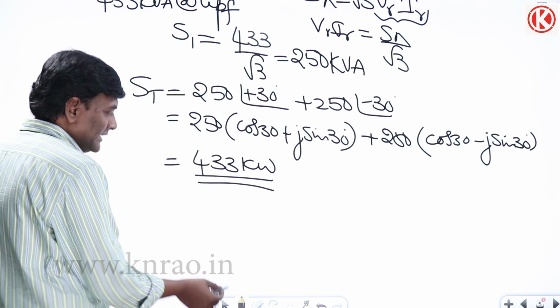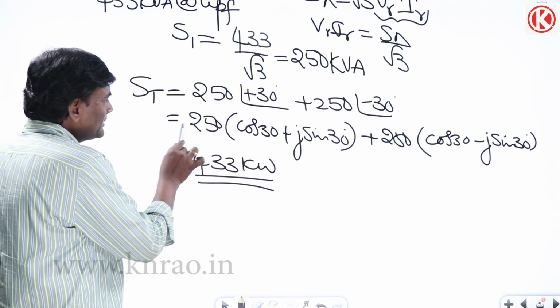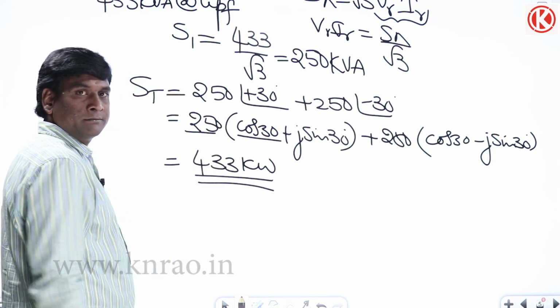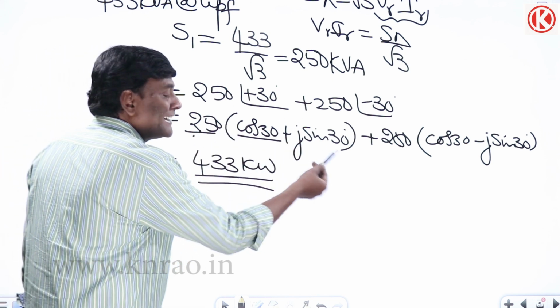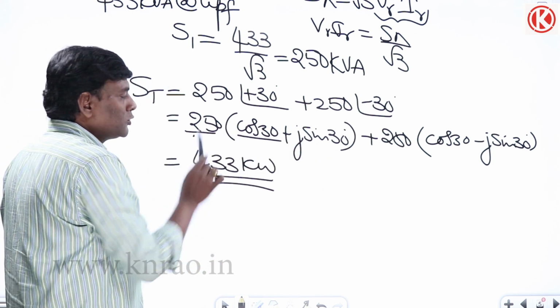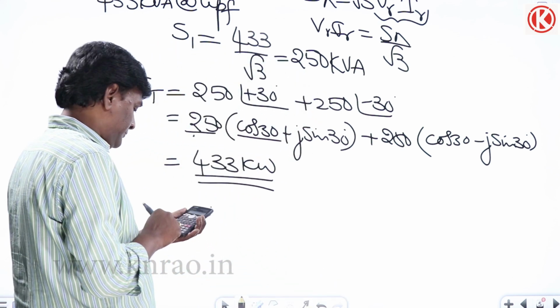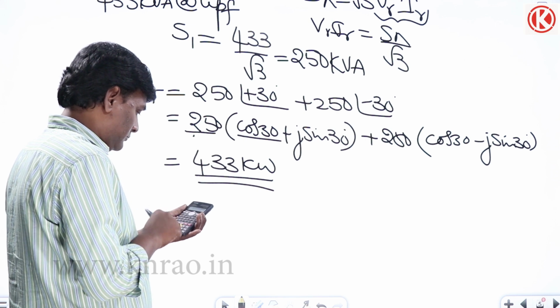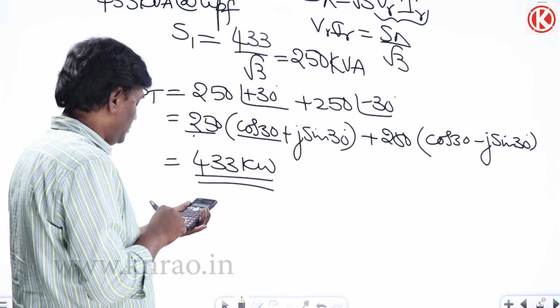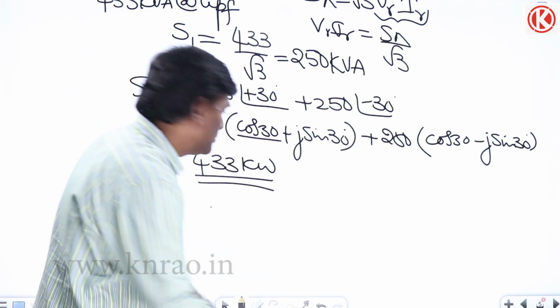But if you see each and every individual transformer, 250 cos 30 will be there, and sin 30 is 0.5. Cos 30 is root 3 by 2, so root 3 by 2 into 250 is 216.5.